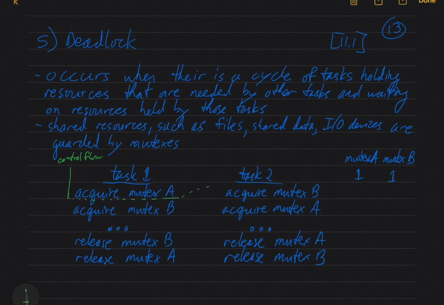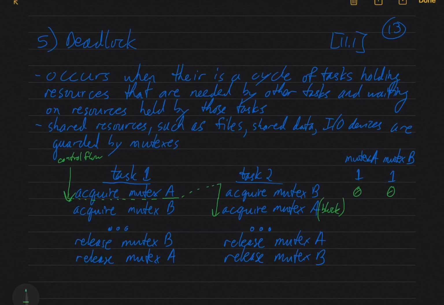So we go up to here, and it's acquired mutex A, so its value is now 0. And then task 2 acquires mutex B, so its value goes to 0. And now task 2 keeps going, and it tries to acquire mutex A, but mutex A is held by task 1, so task 2 is going to block here.